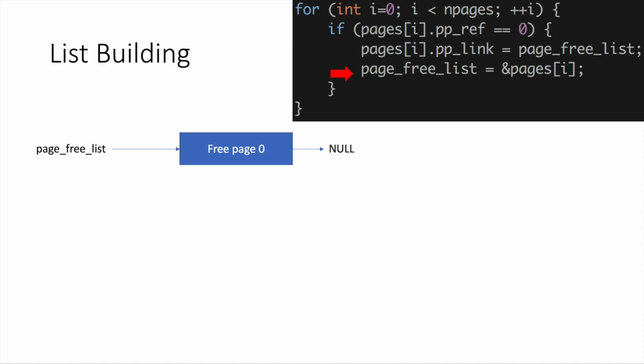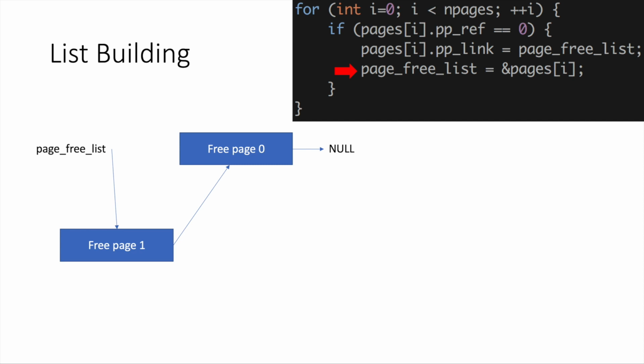Now our list looks like this, and whenever we see a new free page, link the current head as the tail of the new object and switch the head.